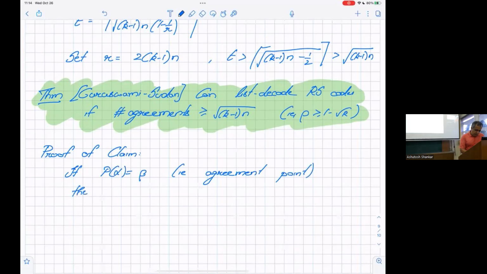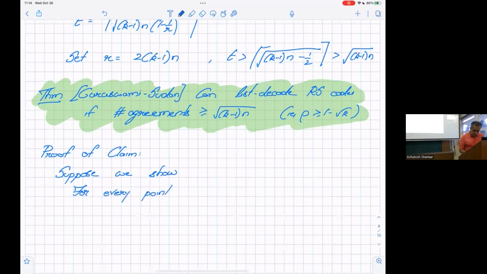Suppose we show the following: for every point of agreement, that is P of alpha equals beta.